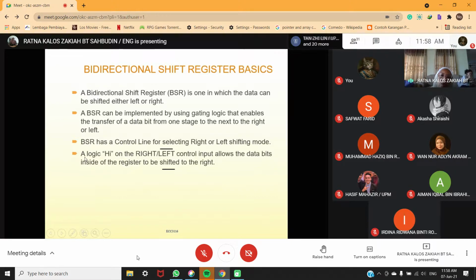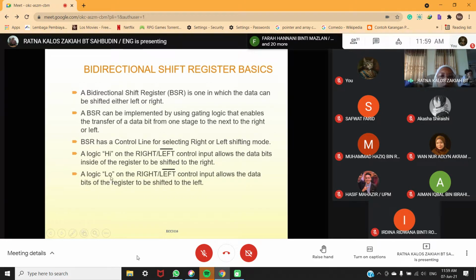Here the logic high is on the right and left. You can see right and left normally written on the IC. The control input allows the data bits inside the register to be shifted to the right when it is high, because right here you don't have a bar.